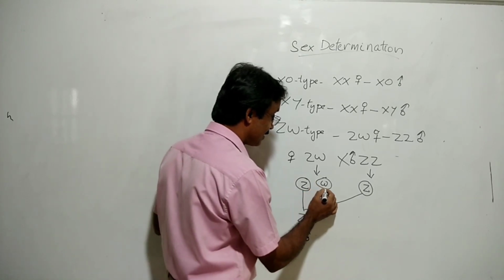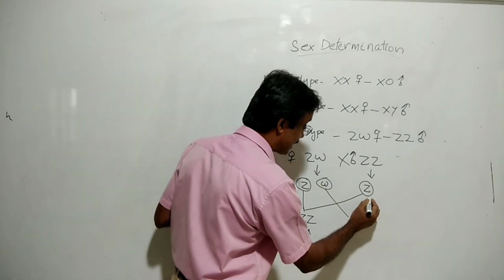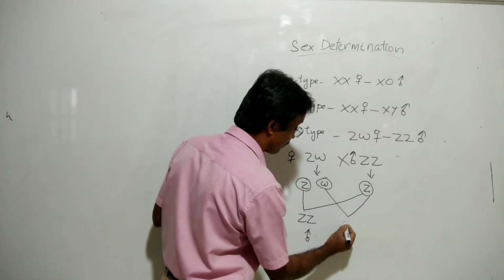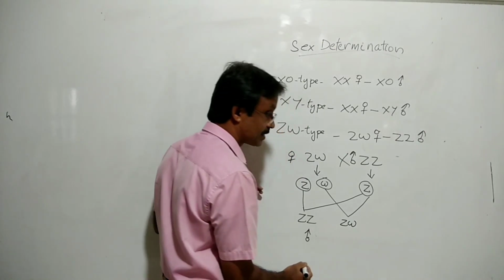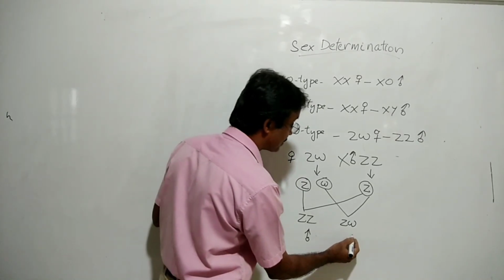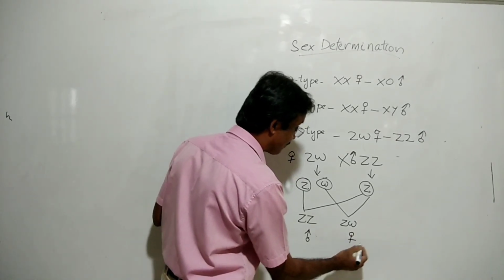When the W ovum is fertilized with the sperm, then it is ZW and it is female.